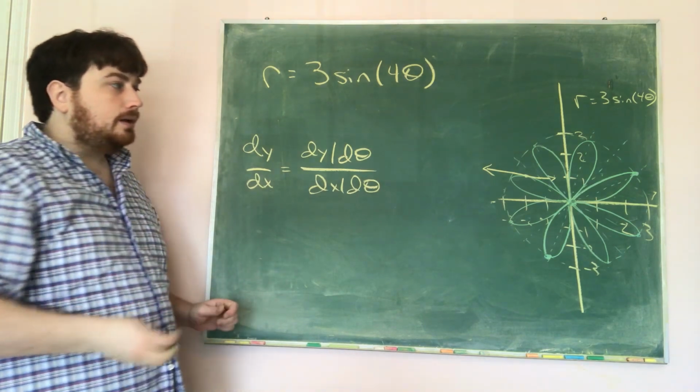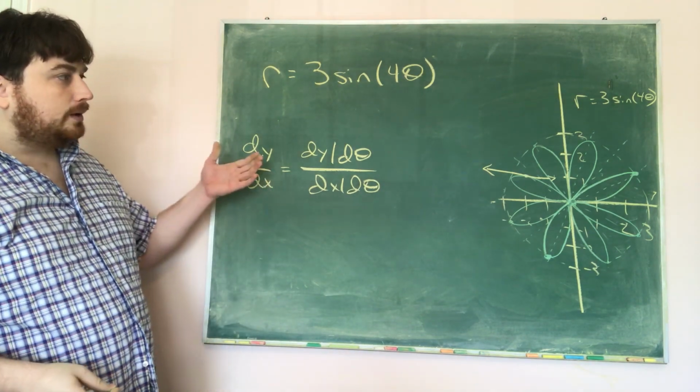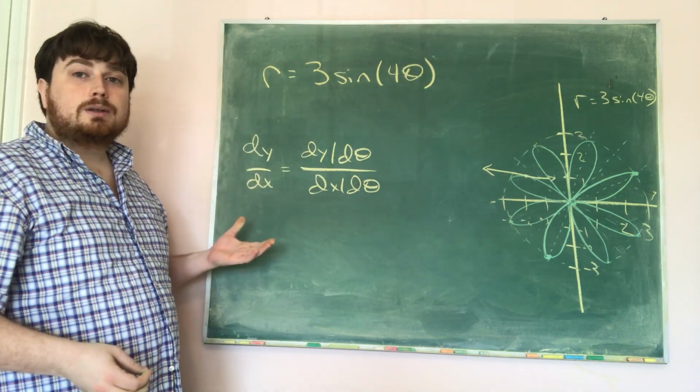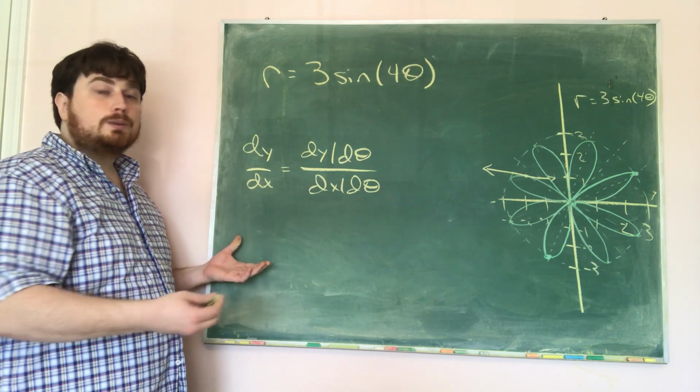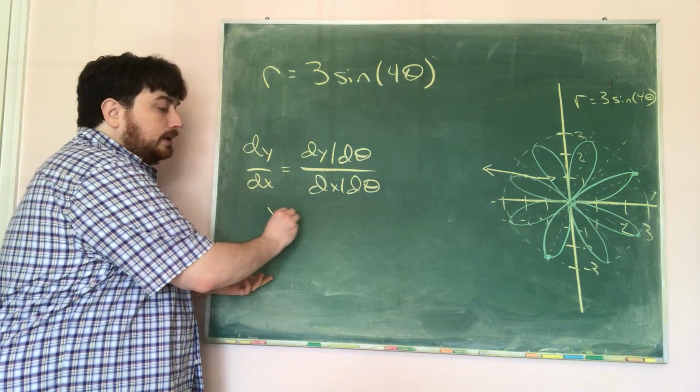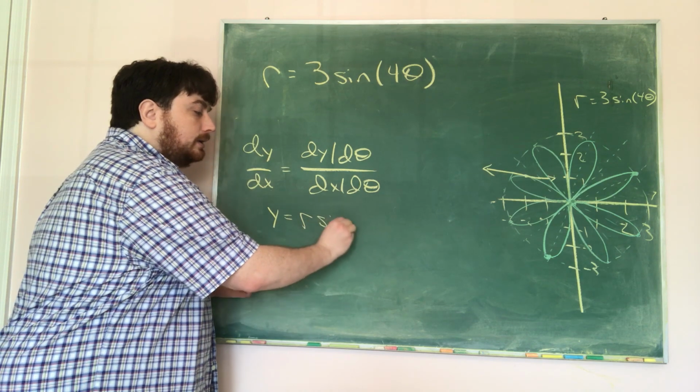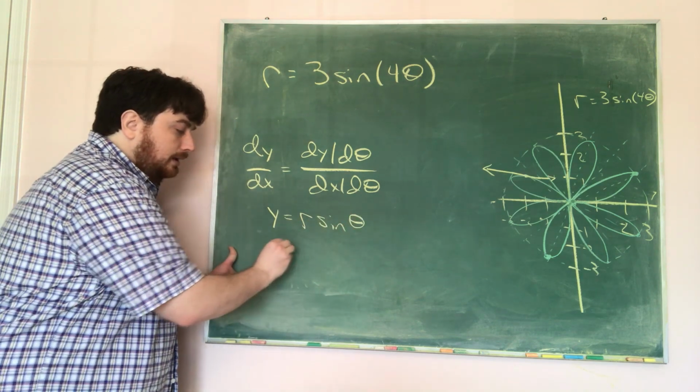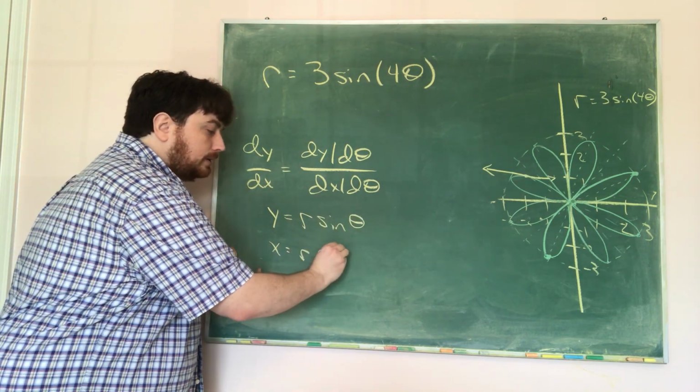Now the reason why I can do that is because when we're converting from polar coordinates to Cartesian coordinates, we can remember that y is always going to be r times sine of theta, and x is going to be r times cosine of theta.